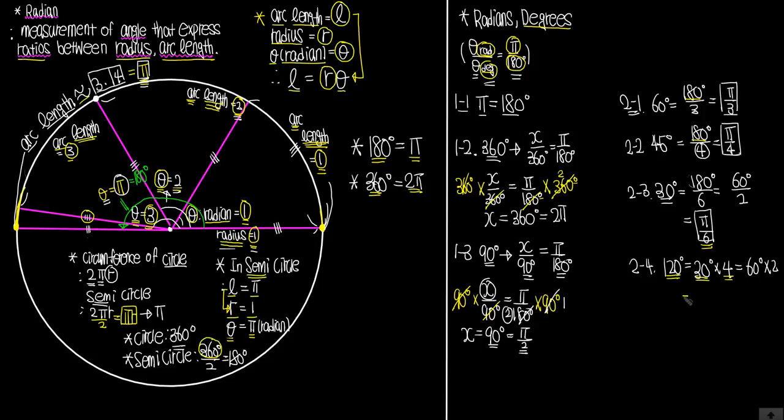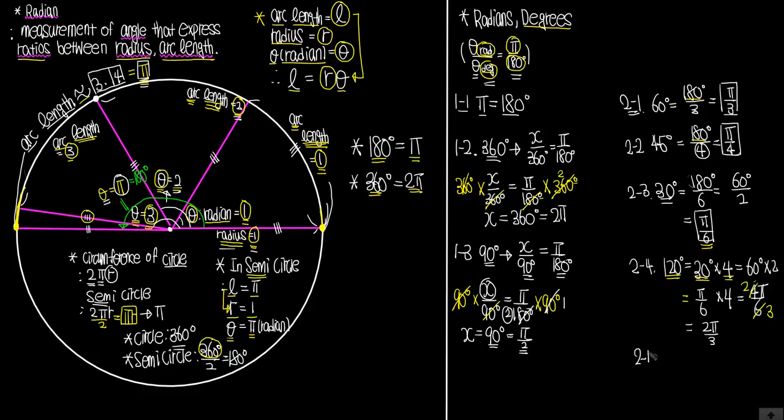This is the same thing as saying pi over 6 times 4, so it is going to be 4 pi over 6. For 4 pi over 6, they have the common factor 2. So 4 will cancel out as 2, and 6 will cancel out as 3. So 120 degrees is eventually going to be 2 pi over 3 radians.